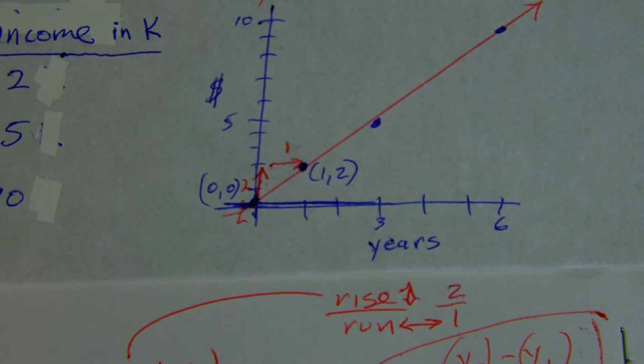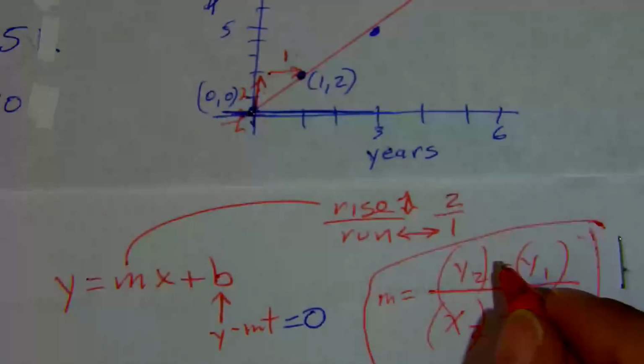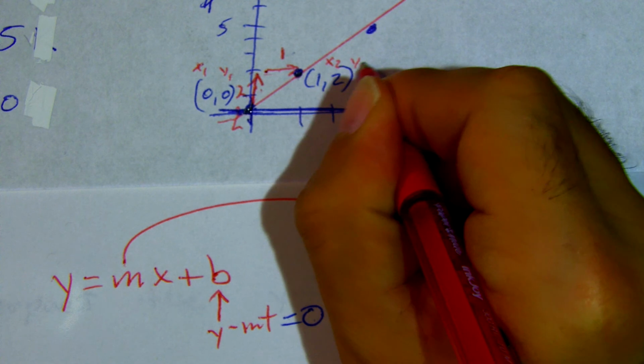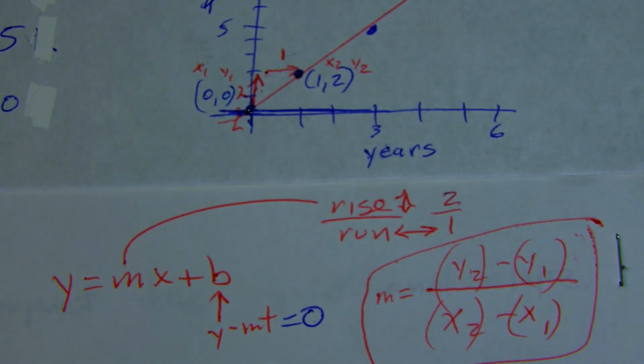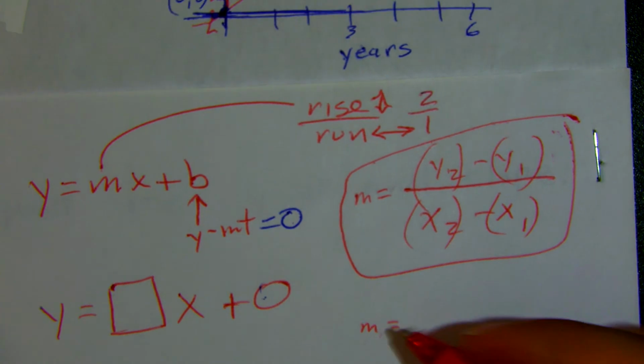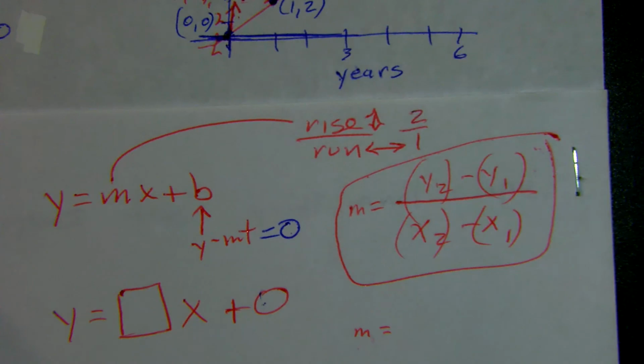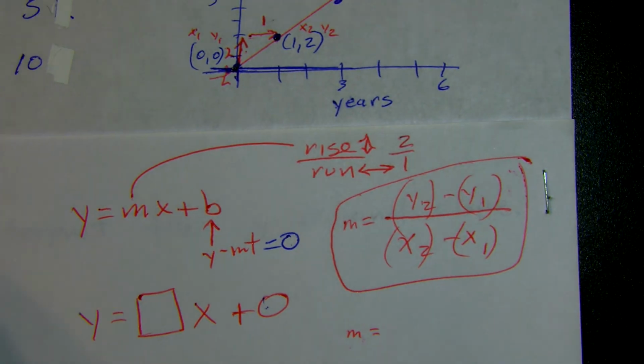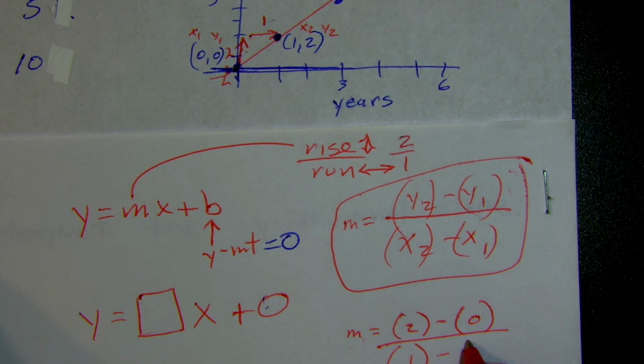Okay. If you would have done this, labeling x1, y1, x2, y2, you could find your slope down here by plugging in y2 minus y1 over x2 minus x1.